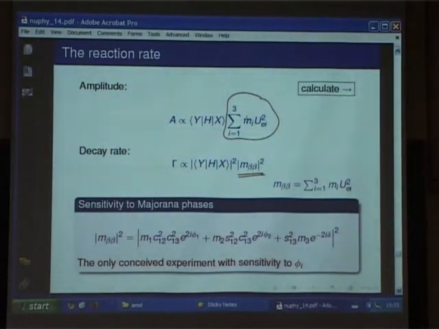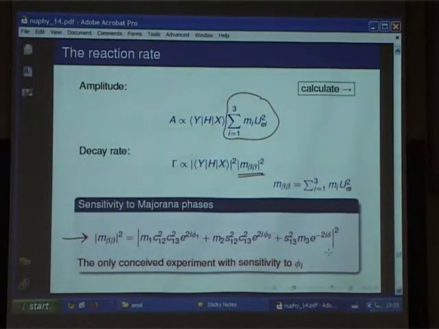So I just square this. That's it. And this square I can calculate. I know what are the values of m and what are the UE1, UE2, UE3. You calculate that and you get an expression that looks like this. Now, therefore the decay rate is proportional to this expression.